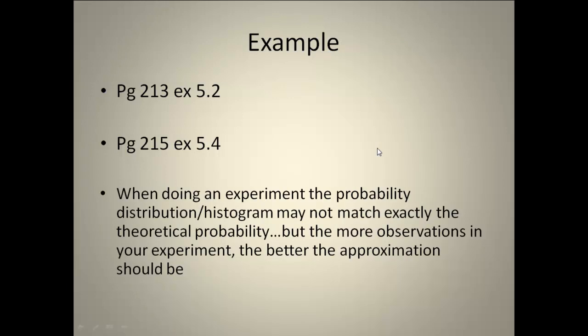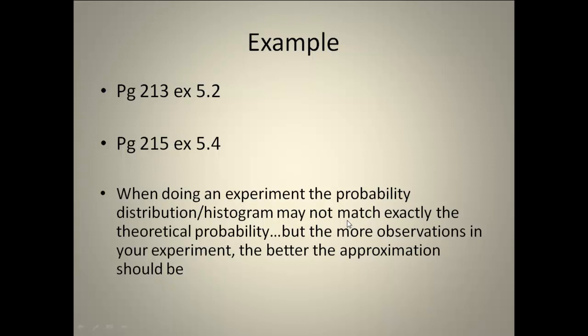Okay, another thing to consider is that when you're actually doing a real experiment, your probability distribution or your histogram may not match exactly the theoretical, and the theoretical probability is what we calculate. It's what should happen. But the more observations that you do in your experiment, so the more times you perform your experiment, the better your approximation should be.